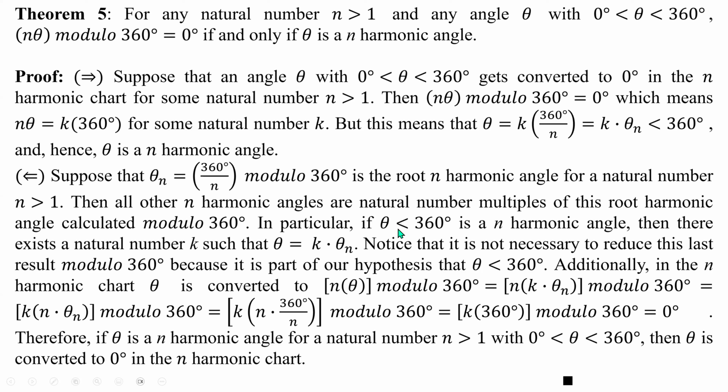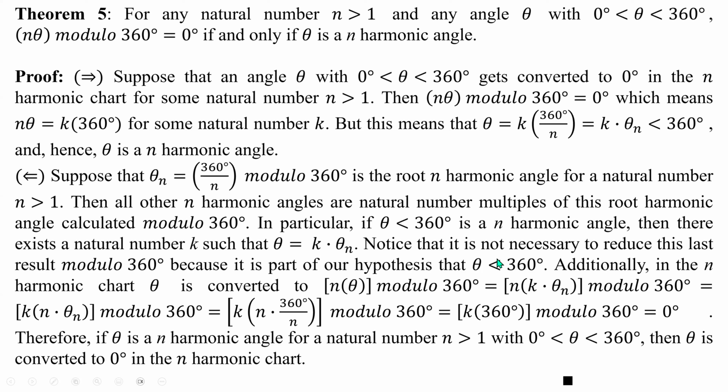In particular, if theta, less than 360 degrees, is an n-harmonic angle, and this is where we're making this assumption, then there exists a natural number k such that theta is equal to k times theta sub n. Once more, we don't need to reduce this modulo 360 because we're assuming that theta is already less than 360 degrees.